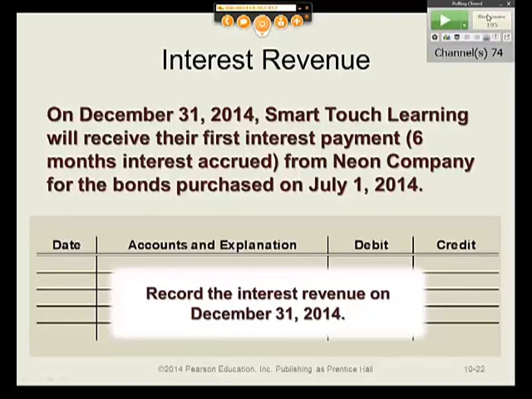So in this case, when we map this out on a timeline, we're going to find out that the year end is December 31st, and they bought the bonds on July 1, 2014.